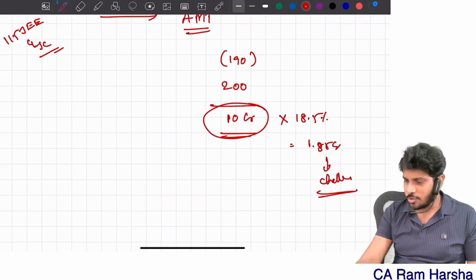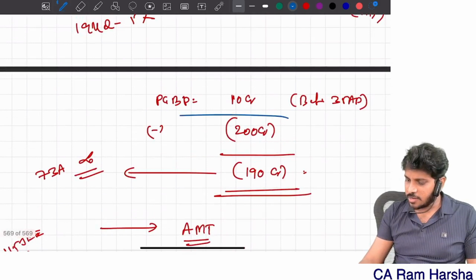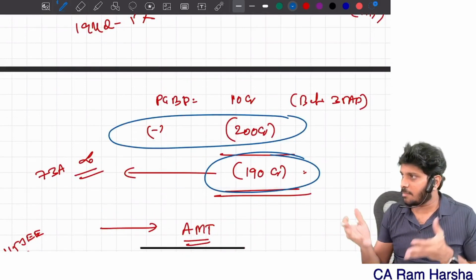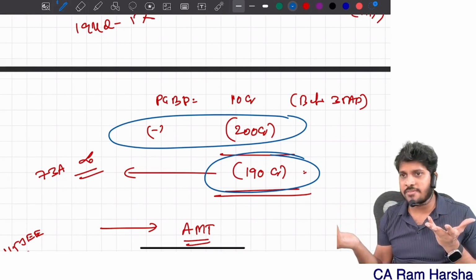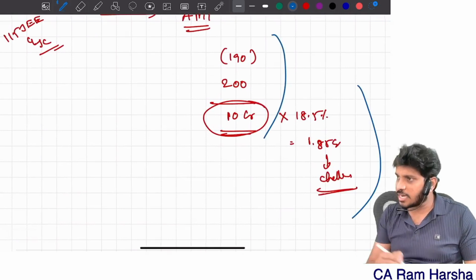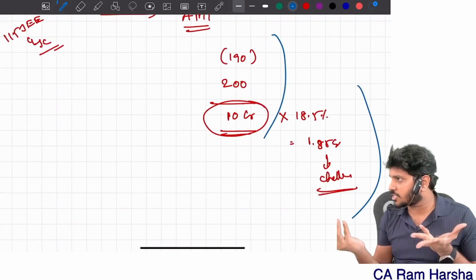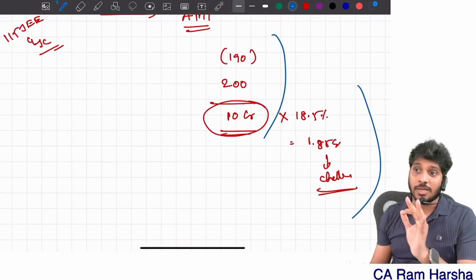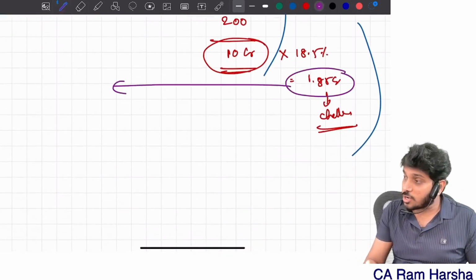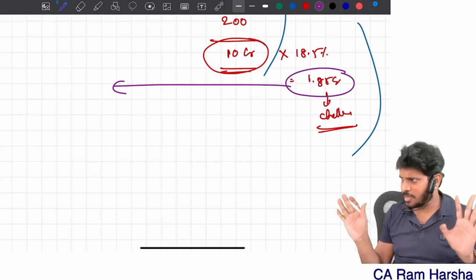Arey sir, you told me I am having a 35AD deduction. All these days we are thinking my income is negative, I don't have any tax liability. Now you are saying you will add back and then collect tax again. Then what is the purpose of the section? Don't worry. The department is saying, you are paying this 1.85 crore now in cash to me, tax payment is over, right?